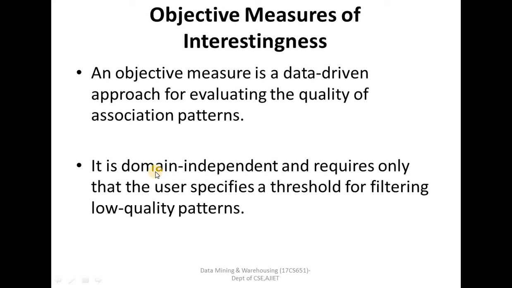So, objective interestingness measure is domain independent and hence requires only the user to specify some threshold, that is a confidence threshold or support threshold. Using this threshold, we will prune the low quality patterns, that is, the patterns that do not satisfy the minimum support or the minimum confidence will be pruned.